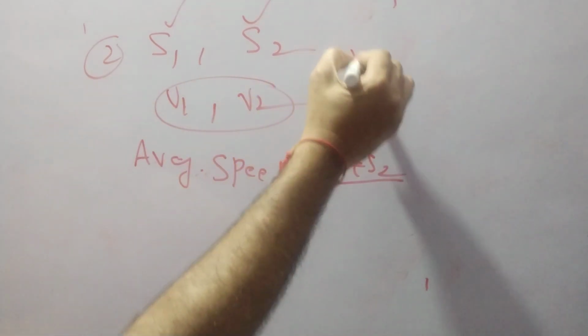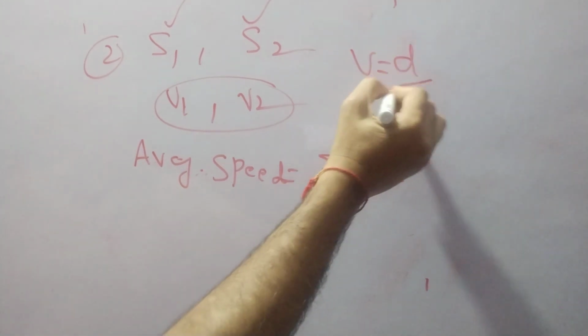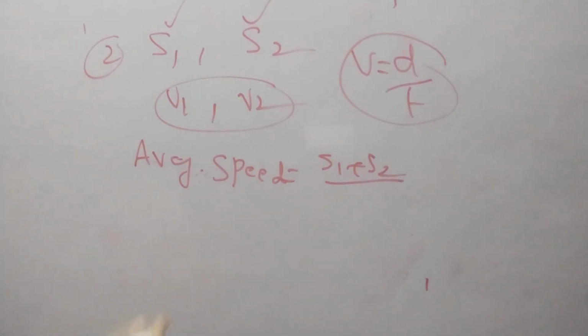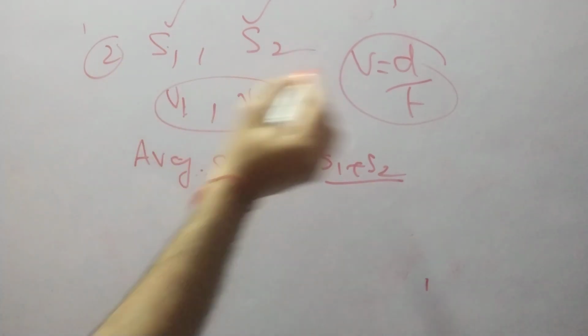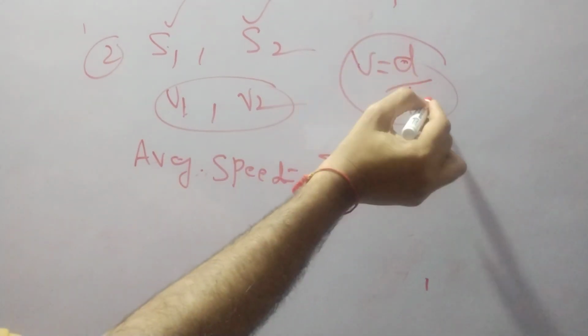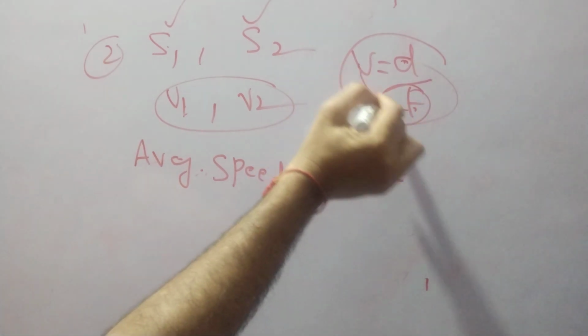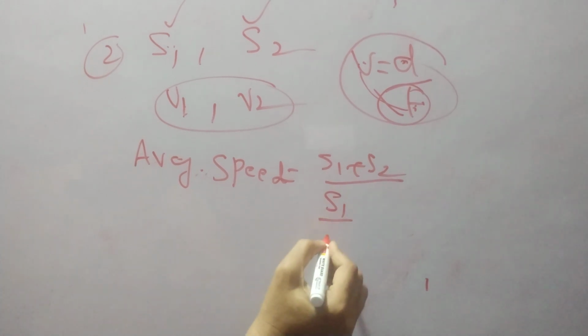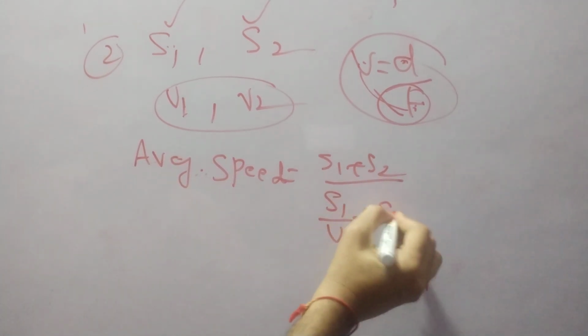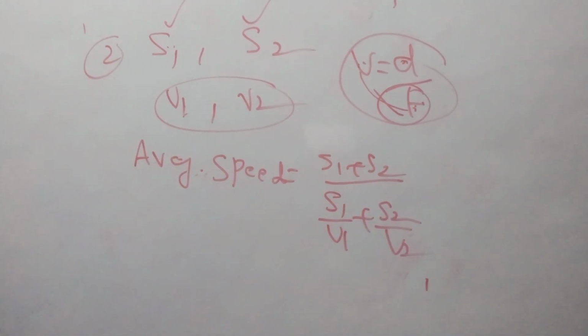So what is speed? Speed is distance by time, the standard definition we know. Now I want time: s1 and v1 are given, but time is not. So time is distance by speed. So s1 by v1 you write for time t1, and s2 by v2 for t2.